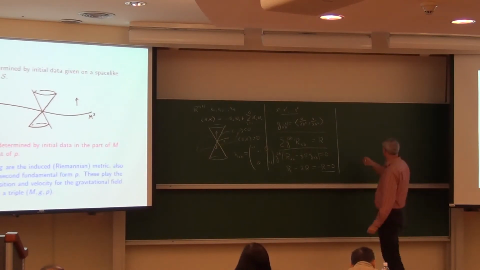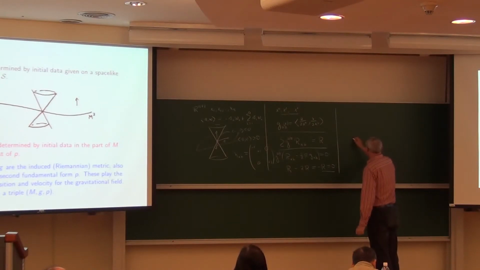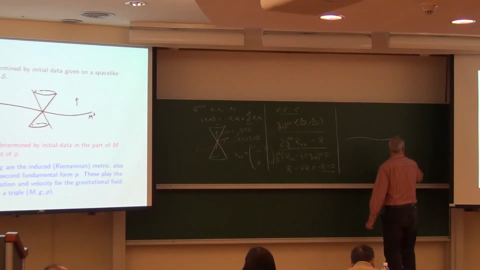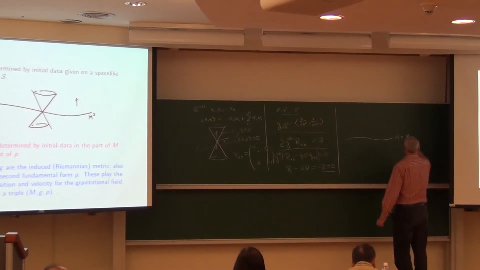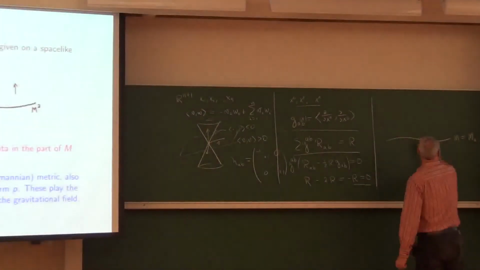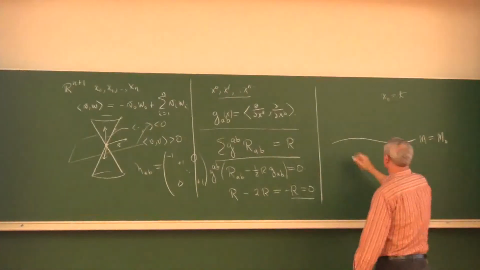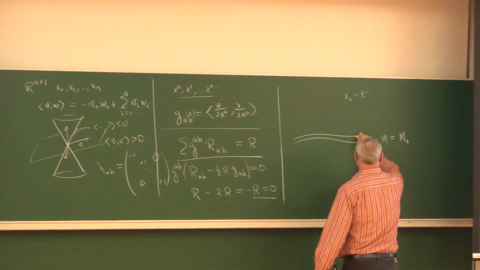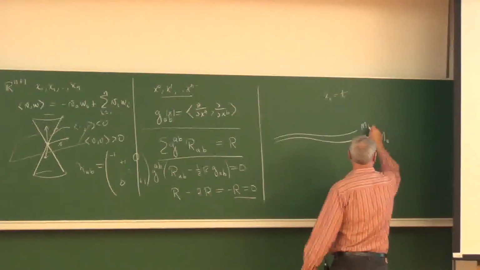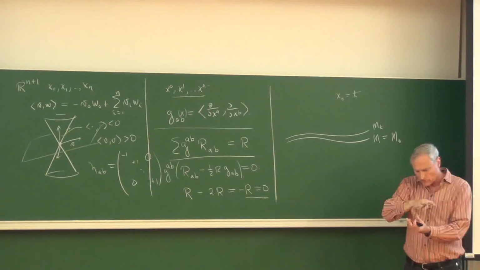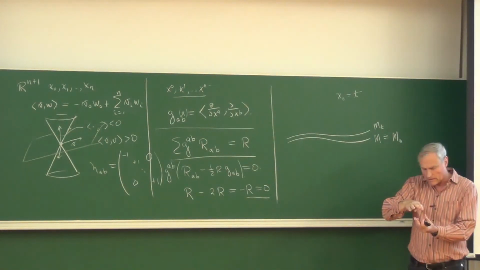So if we take the simplest case where the level surfaces, let's think of this as the initial surface, M, let's call it M0, and x naught is abbreviated t, and we take surfaces which are parallel locally, this is M_t. We can always foliate a space.